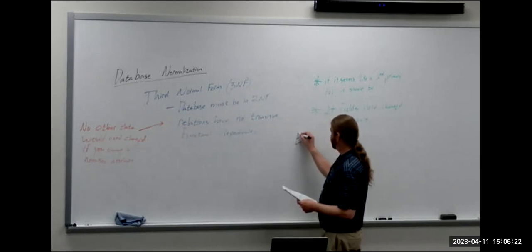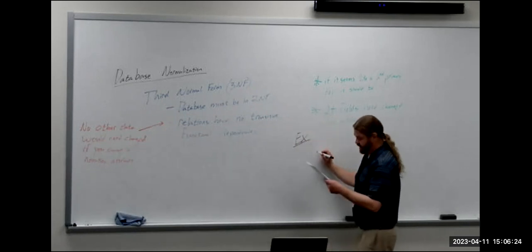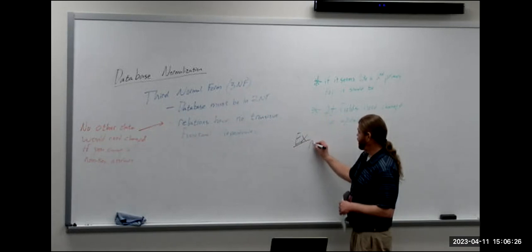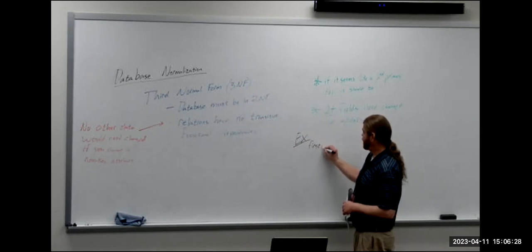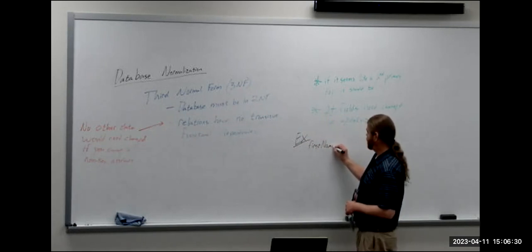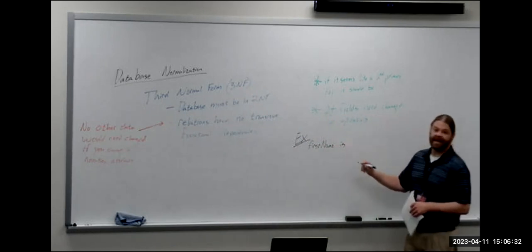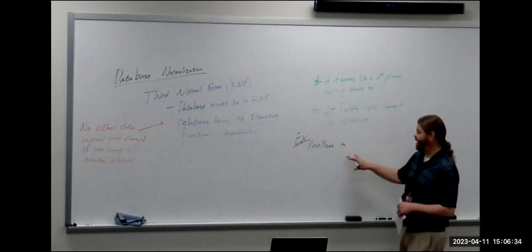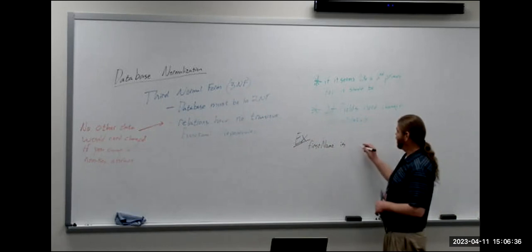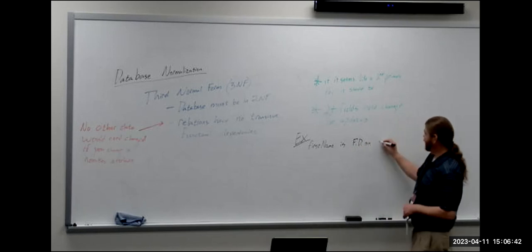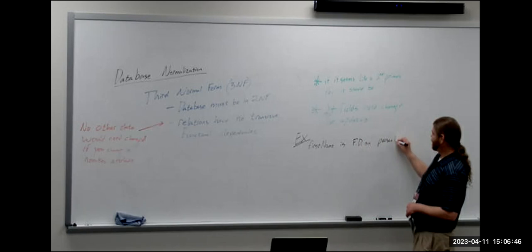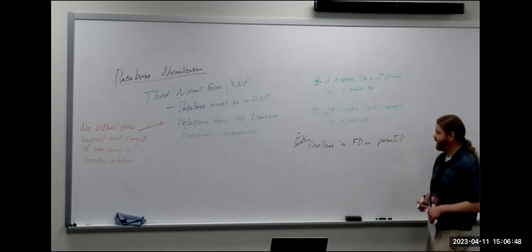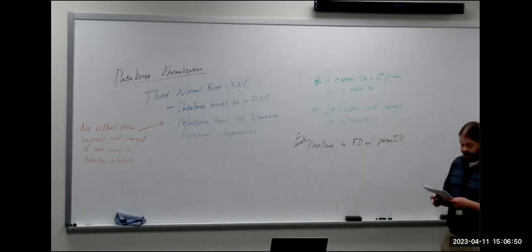So for a little example on this, actually, this is some terminology I was going to introduce. First name is going to be functionally dependent on person ID, or whatever ID number we put in there.